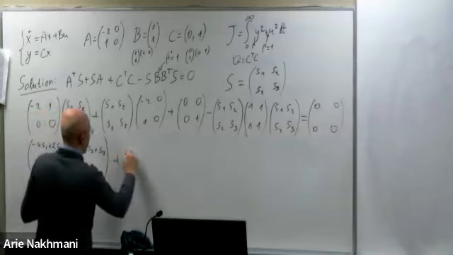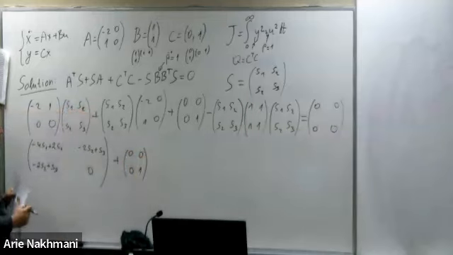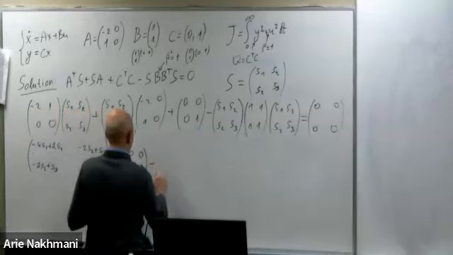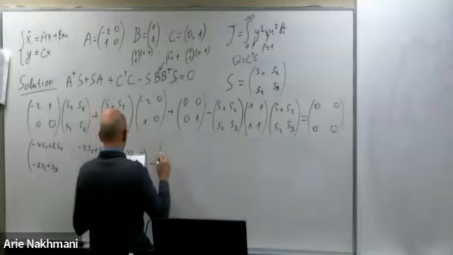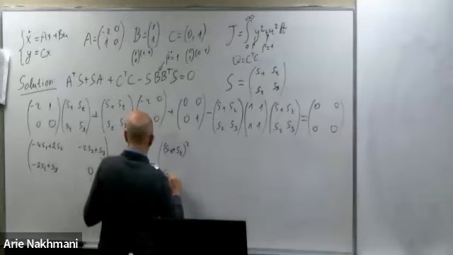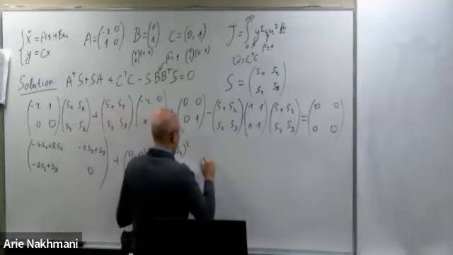Plus matrix [0, 0; 0, 1], which is that matrix, and minus the quadratic matrix, which will be [(S1 + S2) squared, (S1 + S2) times (S1 + S3); and then the same thing here].